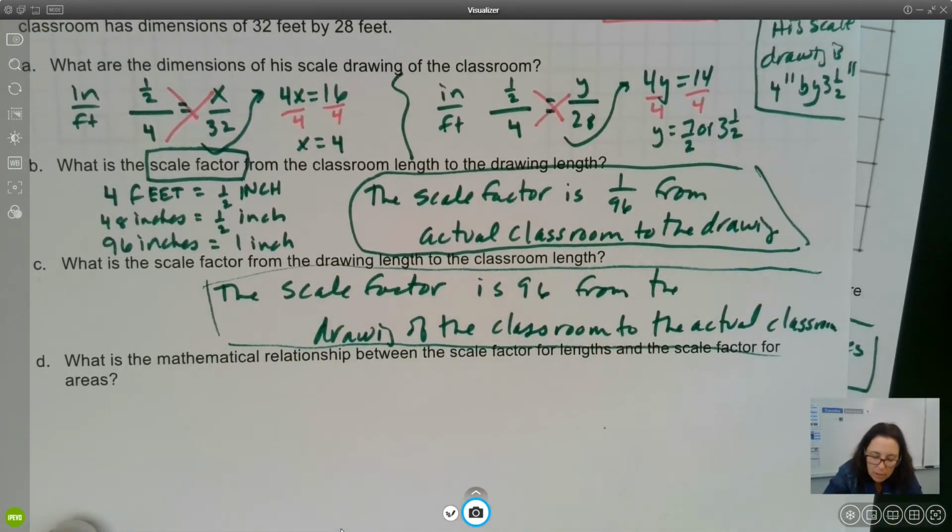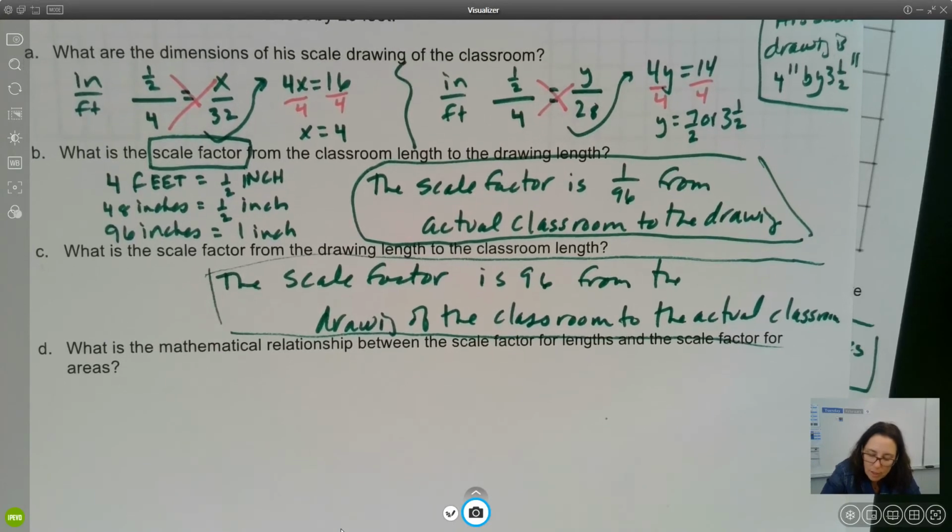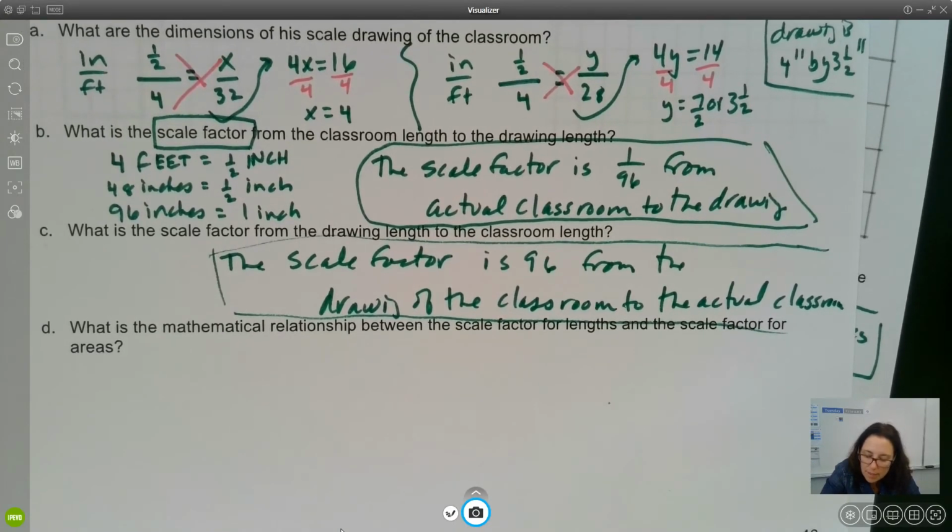What is the mathematical relationship between the scale factor for lengths and the scale factor for areas? Okay, we've got to remember about this. The scale factor of the lengths has to be squared to get the scale factor of the areas.